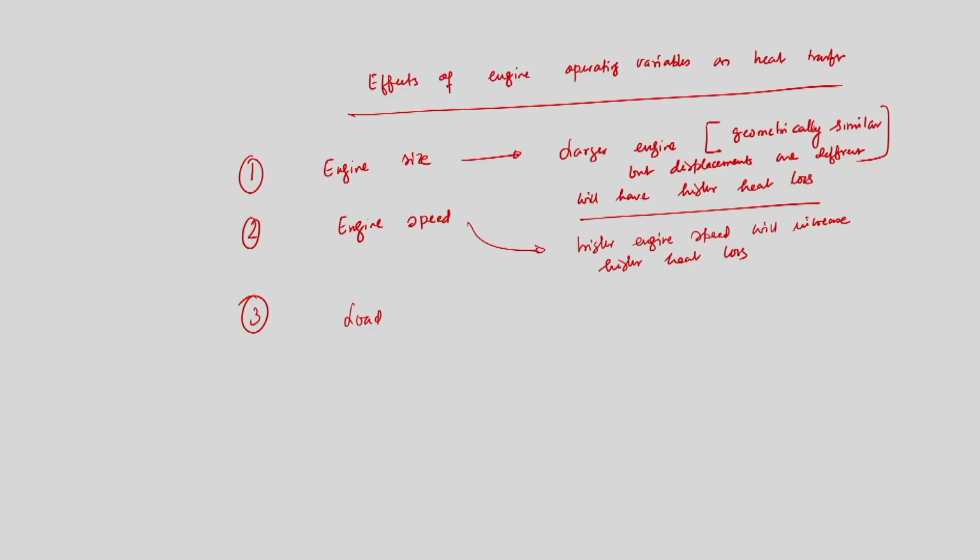This causes less pressure drop across the throttle and higher pressure and density in the intake system. So the mass flow rate of air will increase, therefore the mass flow rate of air-fuel goes up with the load at a given speed, and heat transfer also goes up.